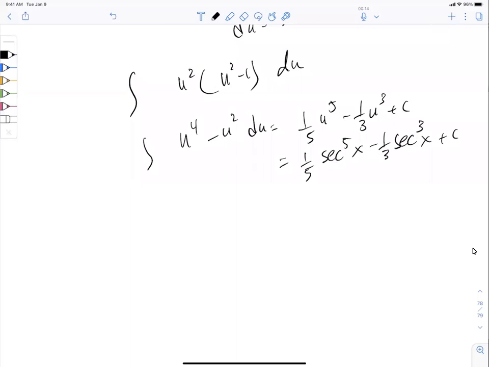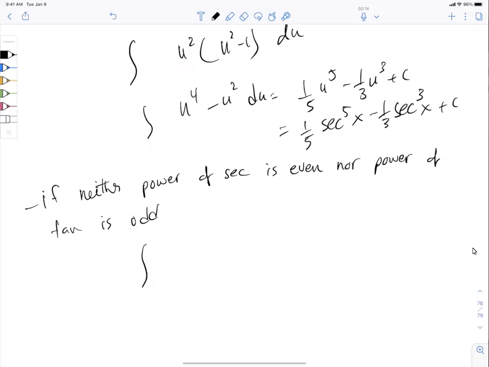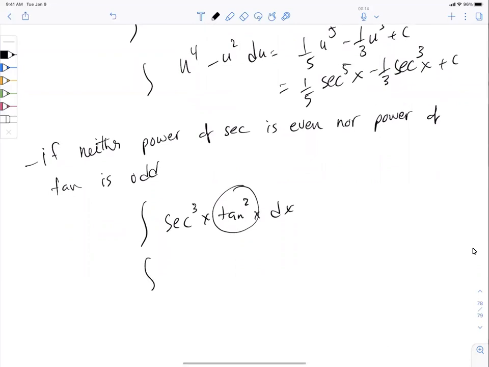But if neither is true, if the power of secant is not even and the power of tangent is not odd, so you have something like secant cubed x tan squared x dx, in this situation, you convert the even power one, which is tan, into secant.